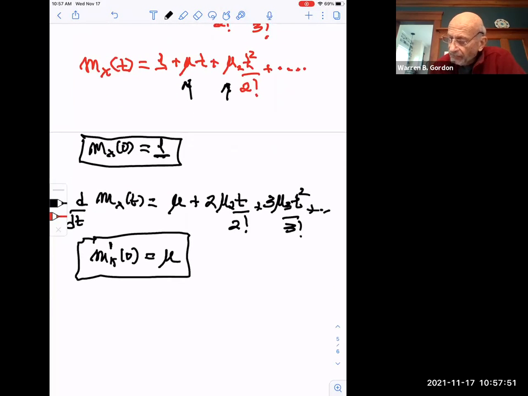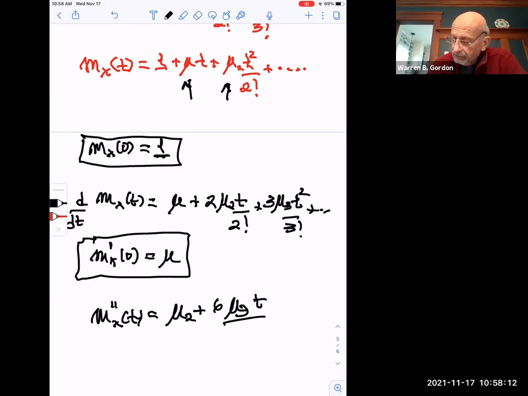If I take the derivative again, that's a constant, I end up with mu2 plus 6 mu3 t over 3 factorial, and so on.